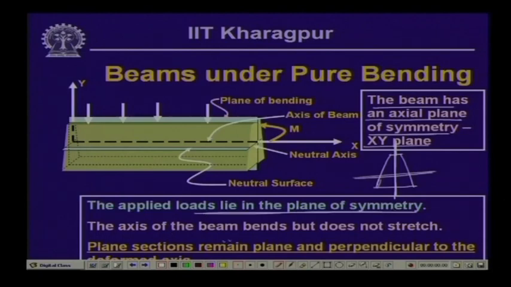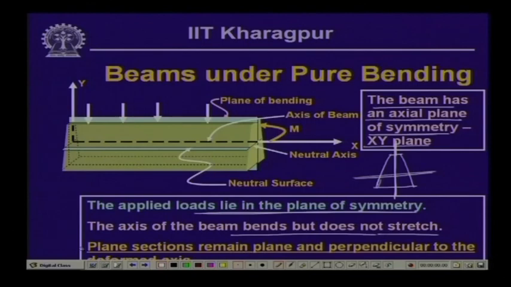Also, it is assumed that the axis of the beam bends, but it does not stretch, which we have seen last time while deriving the flexural equation, that because of the load which lies in the plane of symmetry, the axis of the beam undergoes bending, but it does not stretch. And the most important one is that plane sections remain plane and perpendicular to the deformed axis of the beam.